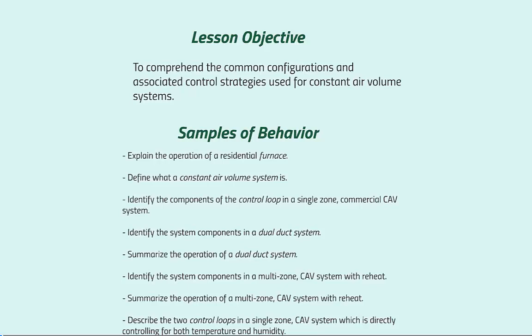The corresponding samples of behavior will be: explain the operation of a residential furnace, define what a constant air volume system is, identify the components of the control loop in a single-zone commercial CAV system, identify the system components in a dual duct system, summarize the operation of a dual duct system, identify the system components in a multi-zone CAV system with reheat, summarize the operation of a multi-zone CAV system with reheat, describe the two control loops in a single zone CAV system which is directly controlling for both temperature as well as humidity.